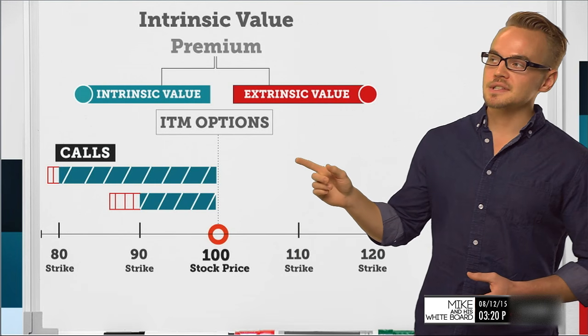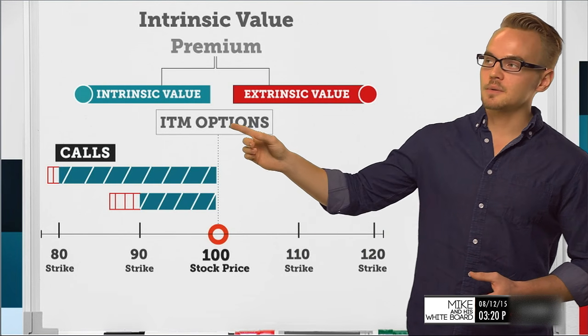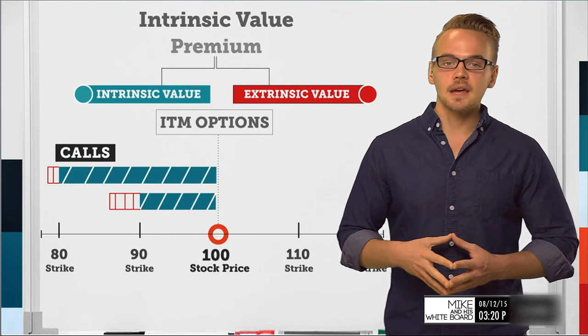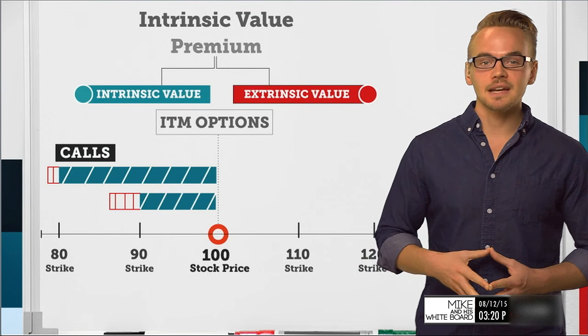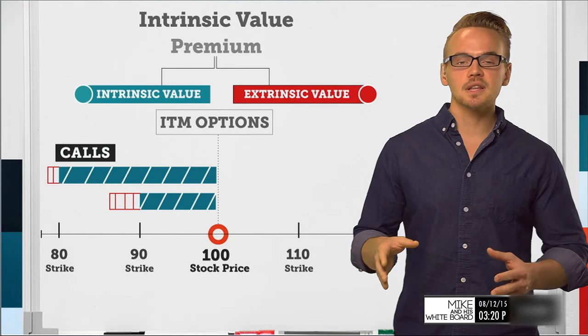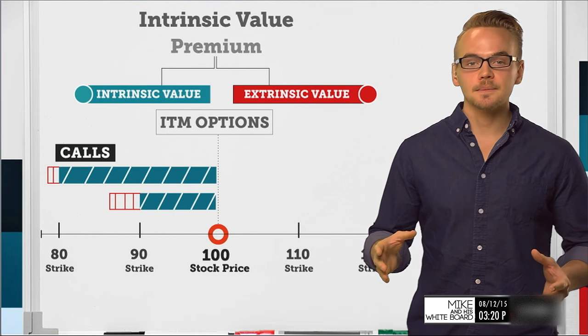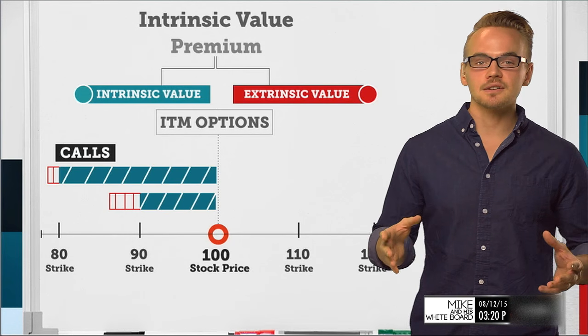But you'll notice that the extrinsic value bar all the way to the right is much smaller than for the strike price of 90. That's because the deeper in the money you go, the more that option is going to trade like stock, because it's going to have a higher delta.